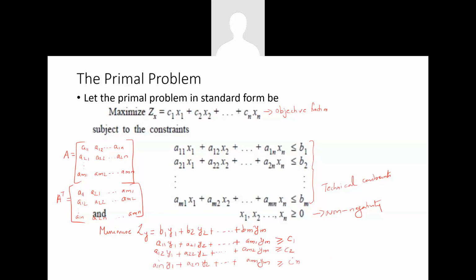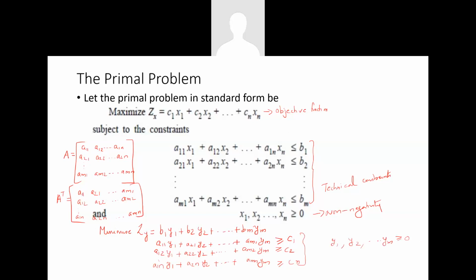So these are the technical constraints of the dual function. Apart from that, you also have the non-negativity constraints, where y1, y2 up to ym are all greater than or equal to 0, right?